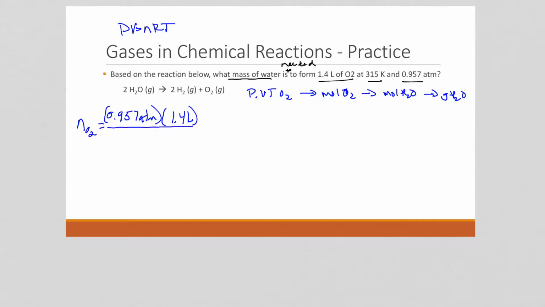We have our R, 0.08206 liter ATM per mole Kelvin. And we have our T of 315 Kelvin. And of course our units cancel here, ATM on top, ATM here, liter, liter, and I have K and 1 over K cancel. So as we talked about before, we're going to end up with moles as our final unit here.